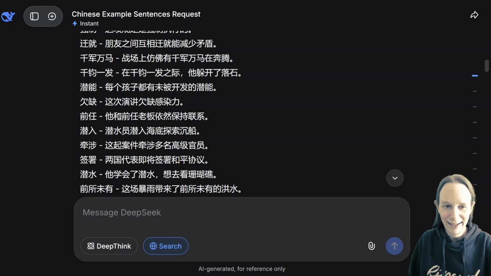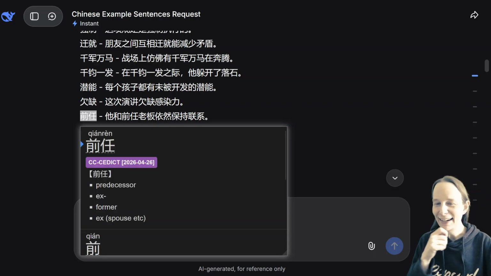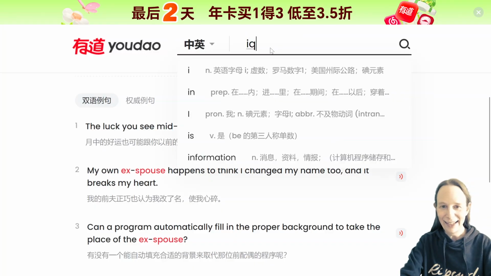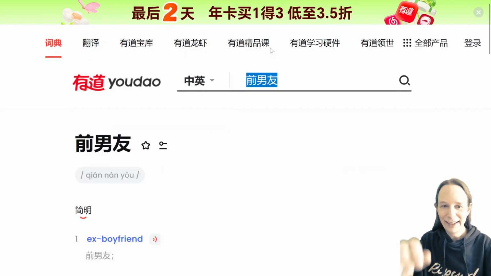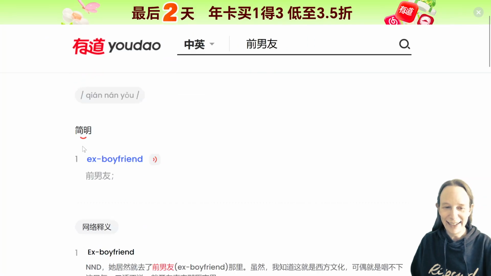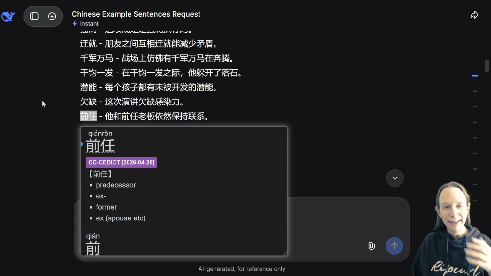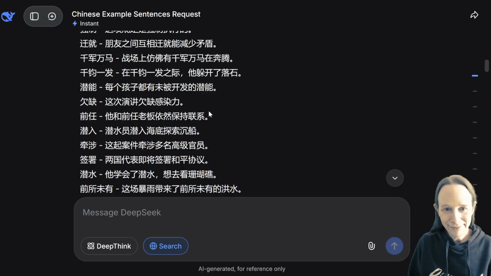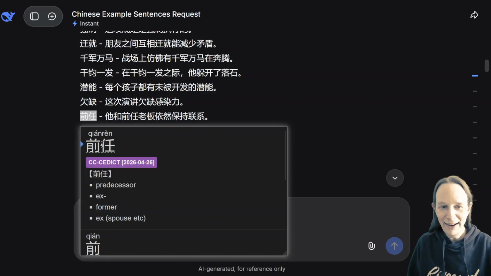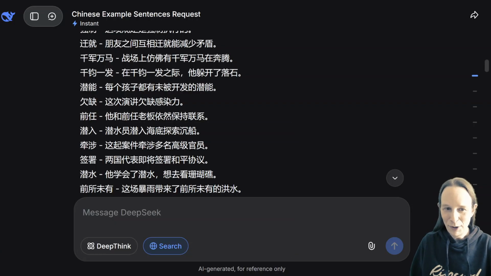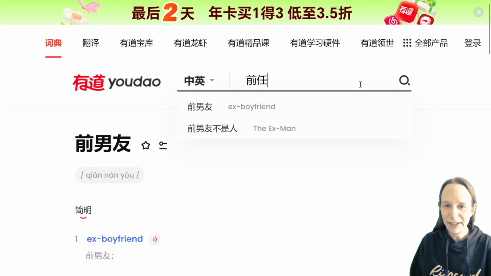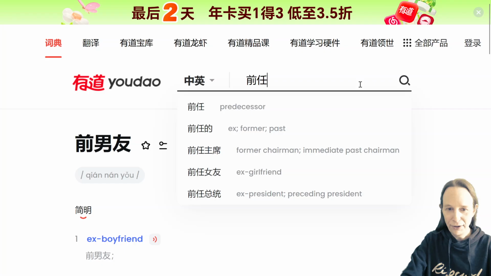All right, but 前任. Oh yeah, you've got like 前男友, like ex-boyfriend, etc. All right. 前任, I would save it for bosses. 前任, would it be like former teacher? 前任老师, 前任女友.